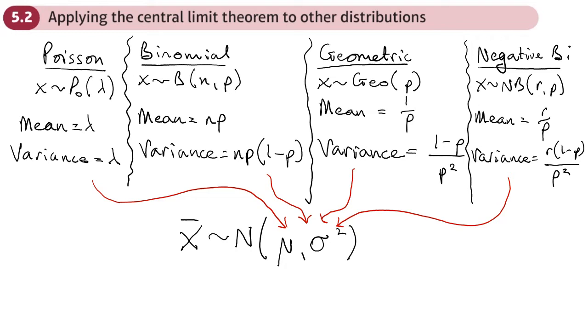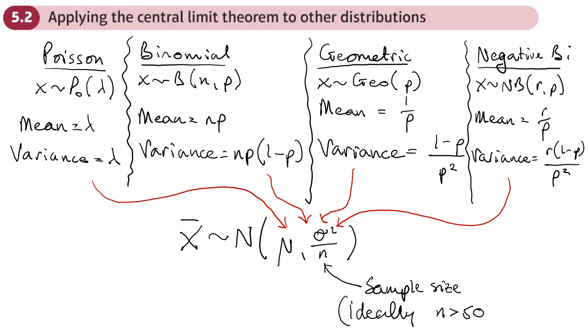And remembering that, I almost forgot, the variance here is the variance that we get from our distribution over n, and that's our sample size. And just like before, ideally we want n to be greater than 50 for it to be a good model for the sample mean.